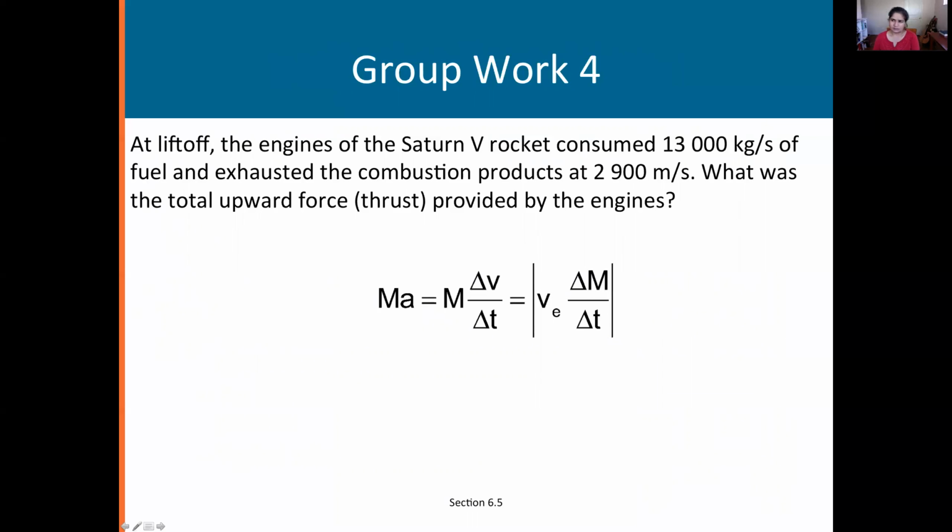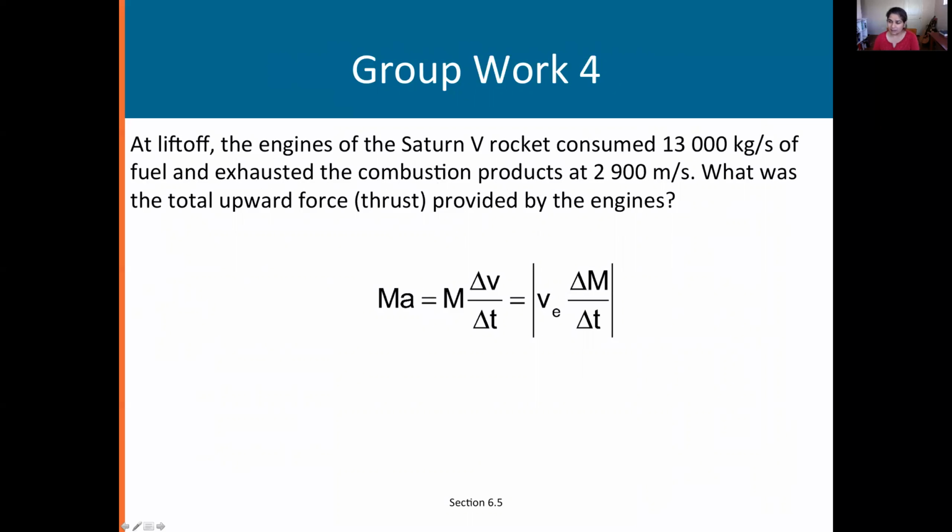So let's do a very simple problem on this. At liftoff, the engines of the Saturn V rocket consumed 13,000 kg per second. Kg per second. This is telling you how fast the fuel burned. And exhausted the combustion products at 2,900 meters per second.